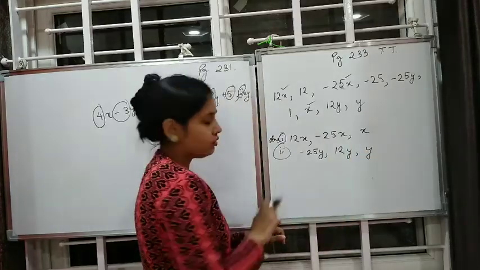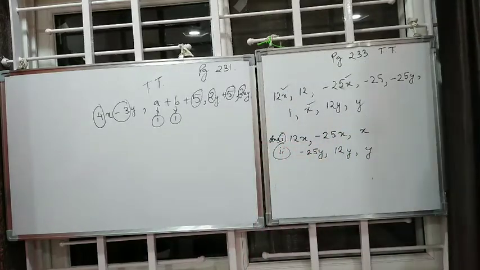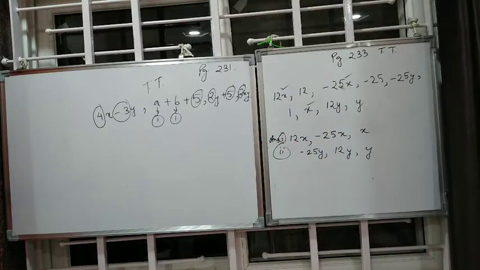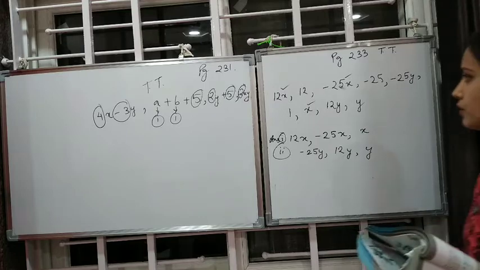So this completes your second one, children. So this is the try these of page 233. There is one more try these on page 233 where we have to classify the expressions as monomials, binomials, trinomials. That's it. So let's start.